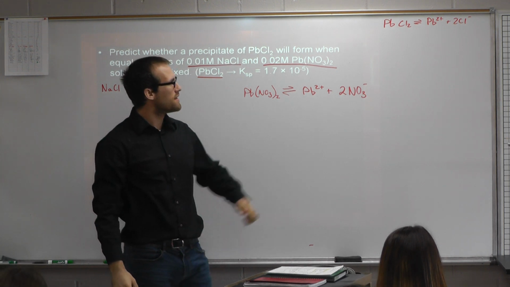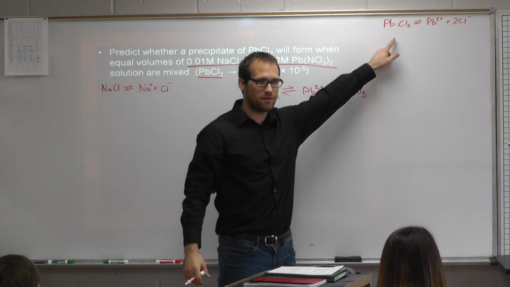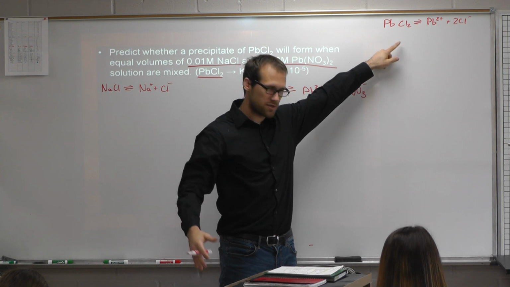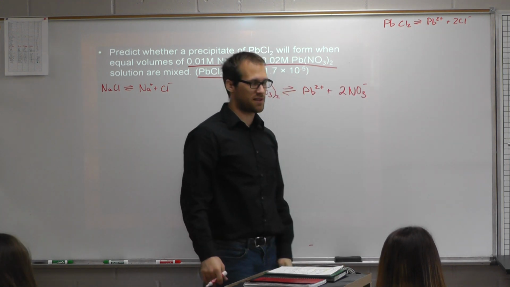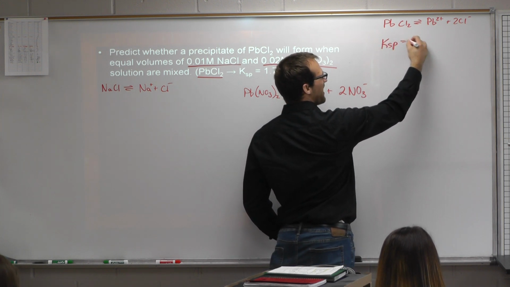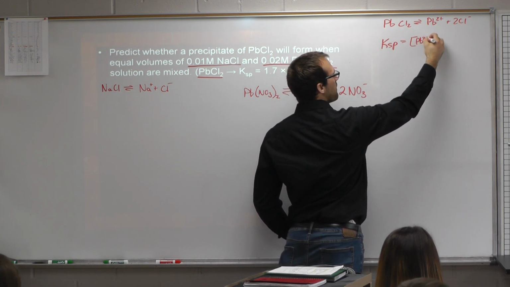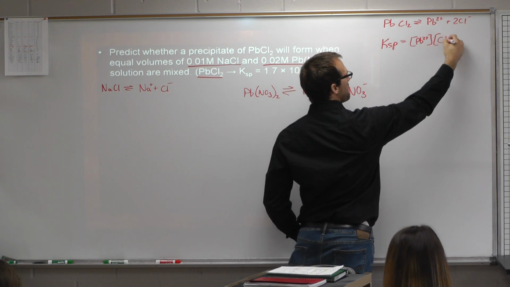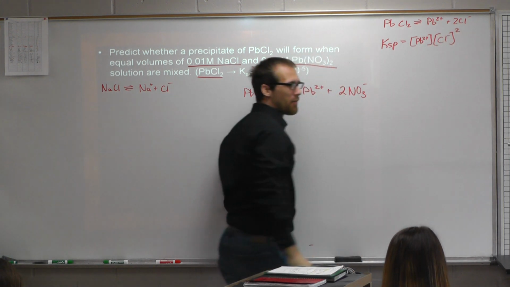Now notice, this isn't a 1-to-1 ratio. Not a huge difference from last problem. I just write the expression, and do it how you usually do it. No different, I'm just putting that 2 up there.